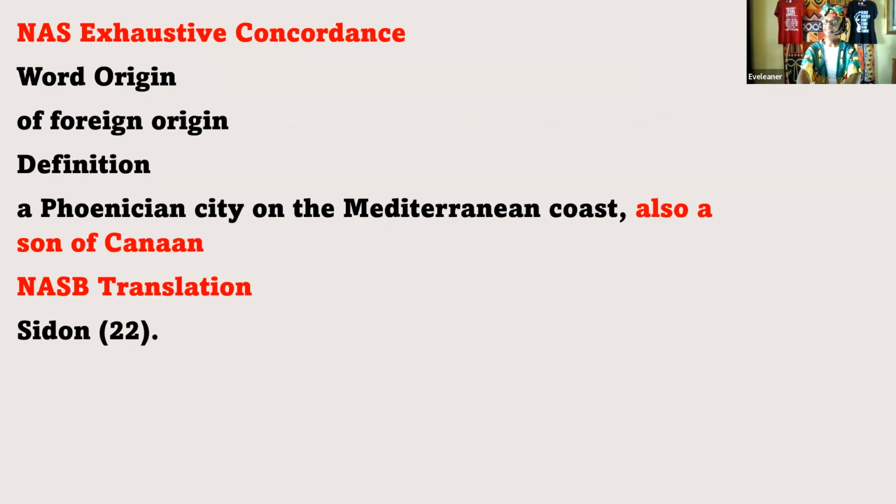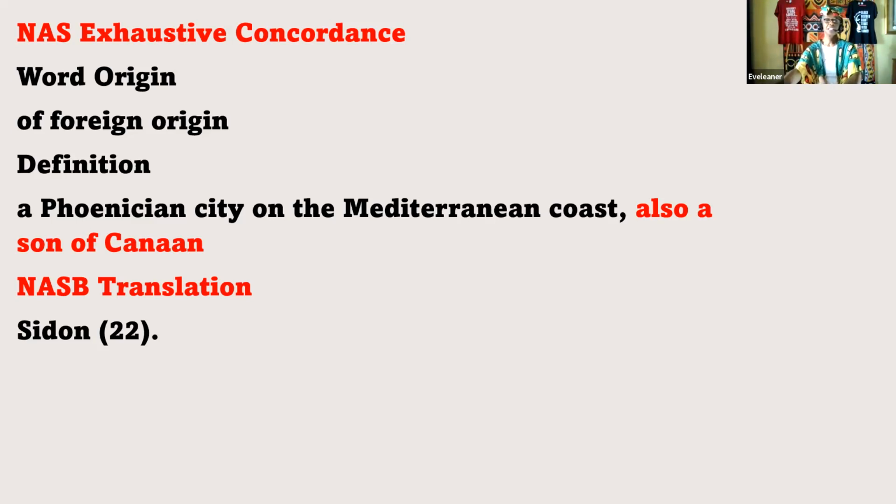Then the NAS Exhaustive Concordance mentioned that it's a Phoenician city on the Mediterranean coast, and it says also a son of Canaan. So again, this is showing us here, because we're probably going to go into another group of videos about how a lot of the history was stolen from Africans, and Phoenicians tried to take credit for a lot of things that people of African descent had done.